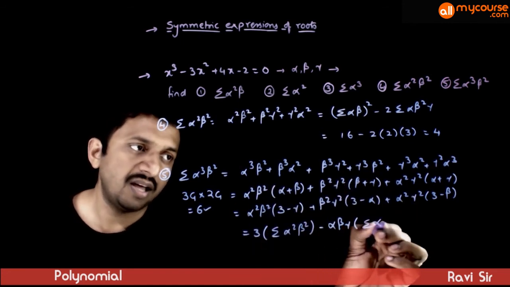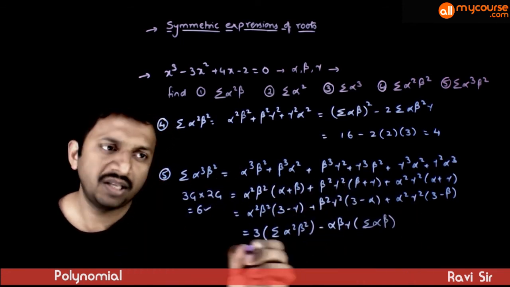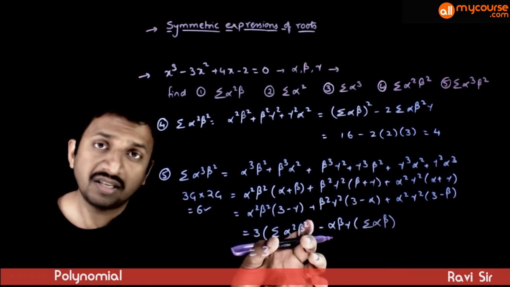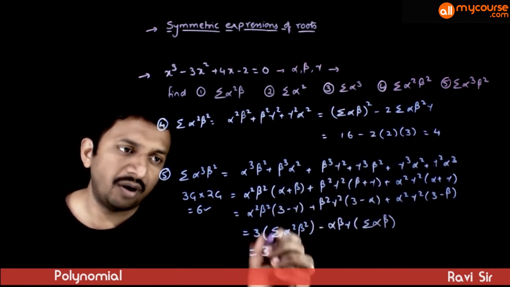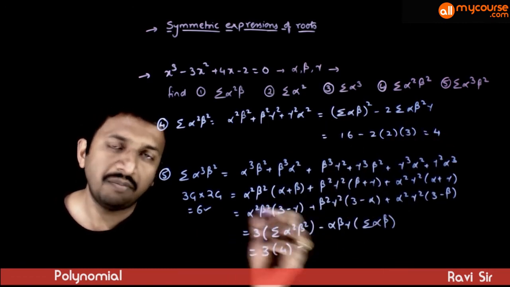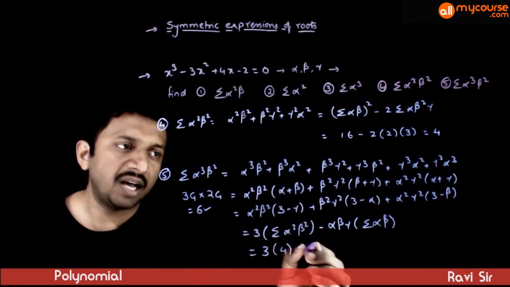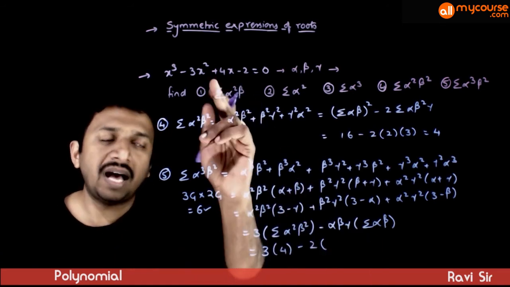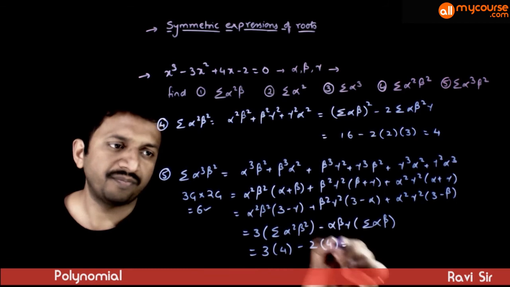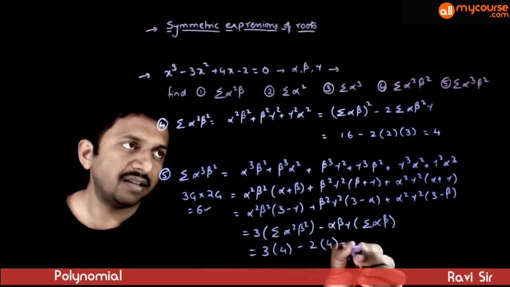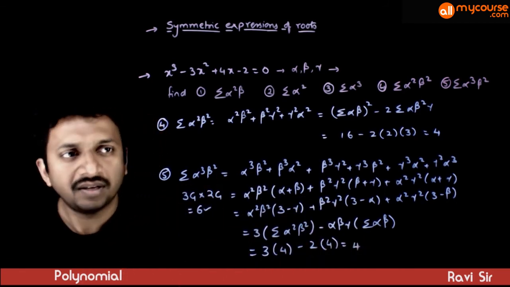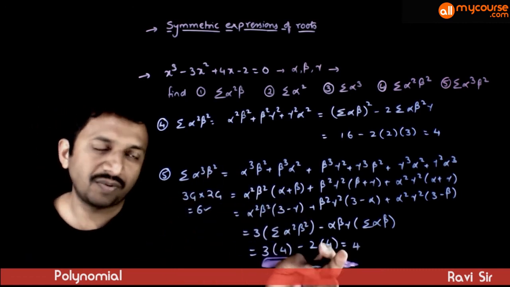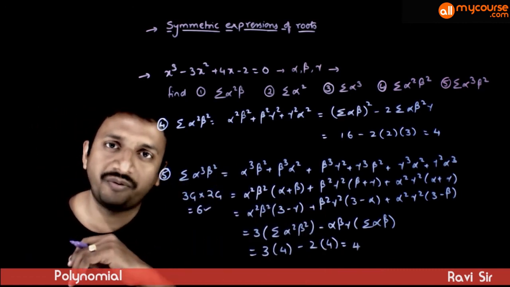That is sigma alpha beta. That is equal to 3 times sigma alpha square beta square, which we have already found as 4, minus alpha beta gamma is 2 and sigma alpha beta is 4. So 12 minus 8 is again equal to 4. So sigma alpha cube beta square is also equal to 4.